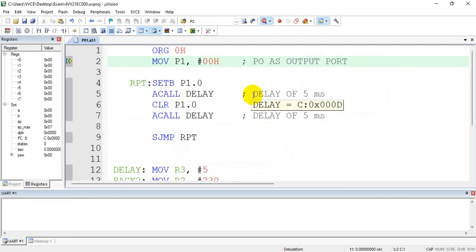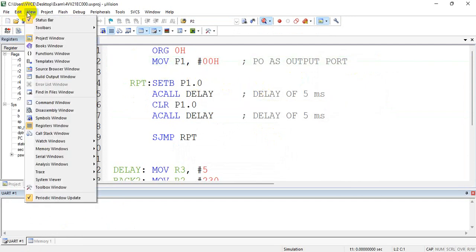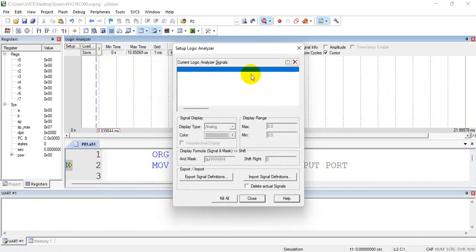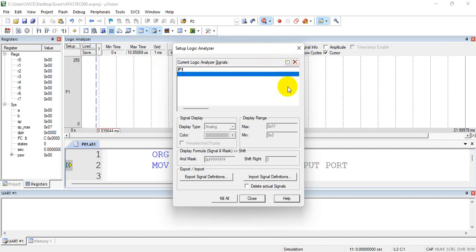Now to view the output, we need the logic analyzer. So go to View, click on Analysis Window and click on Logic Analyzer. First we need to set this up. Go to Setup, and because we are displaying on port 1, type P1. How to type? You can see this icon, click and in capital type P1.